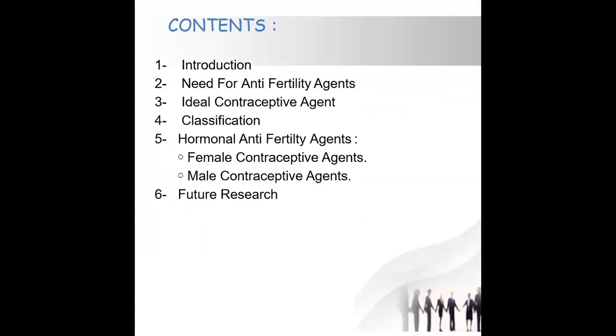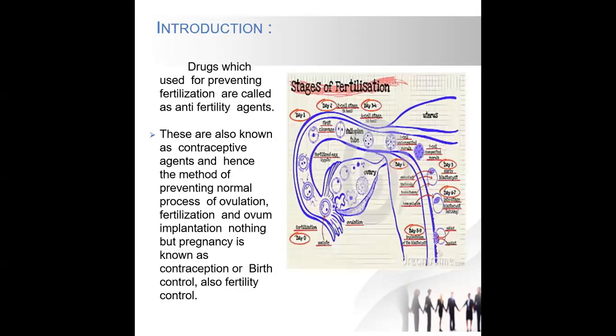So, today my talk on hormonal contraceptives or anti-fertility agents will be under the headings: the introduction, need for anti-fertility agents, how should be an ideal contraceptive agent, the classification, that is female contraceptive agents, the male contraceptive agents, and future research.